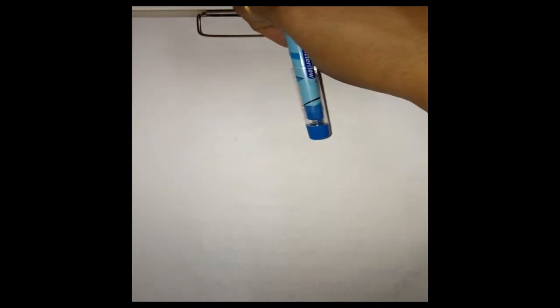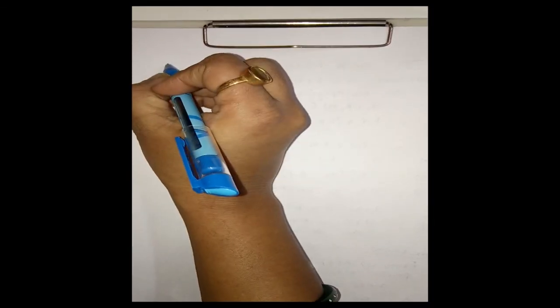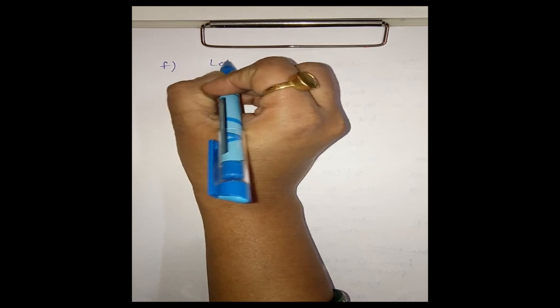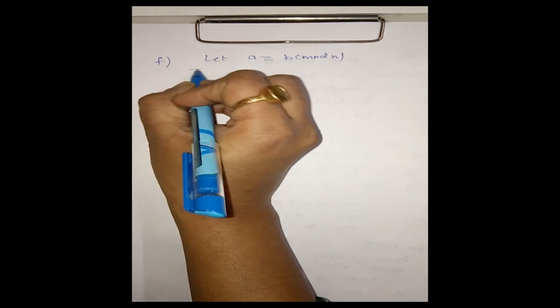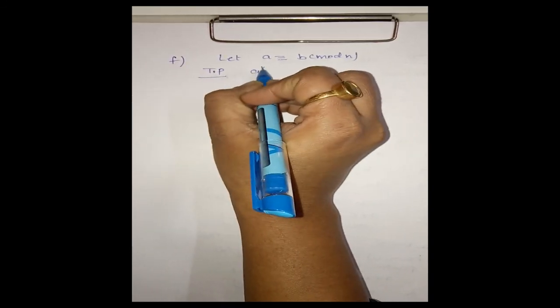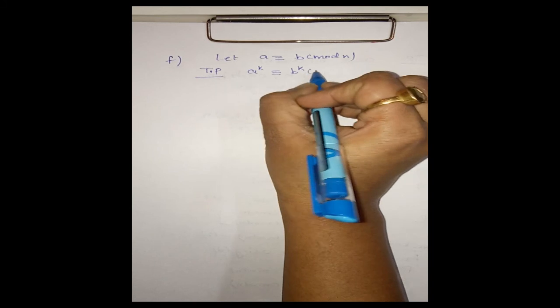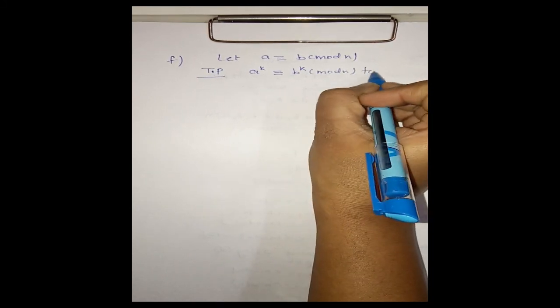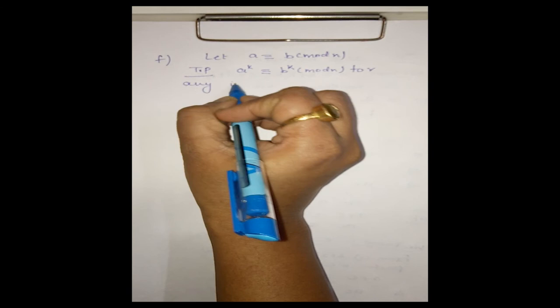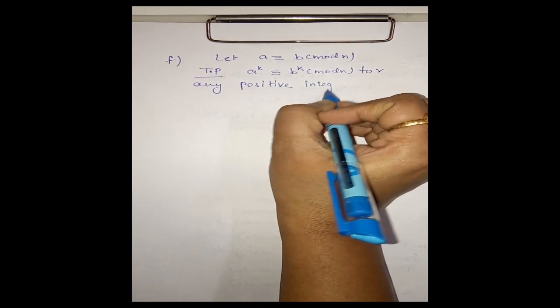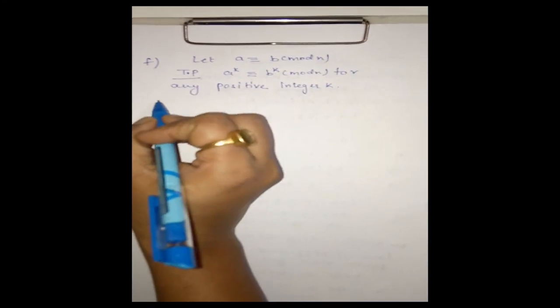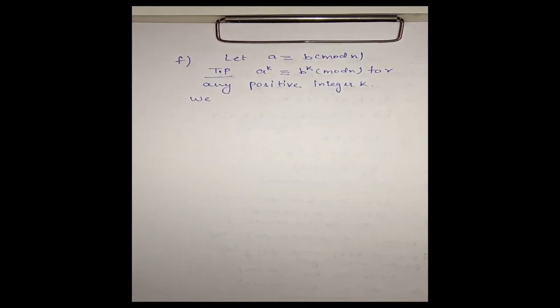Let A be congruent to B modulo N. Now to prove A^K is congruent to B^K modulo N for any positive integer K. We will prove the result by using the principle of mathematical induction.